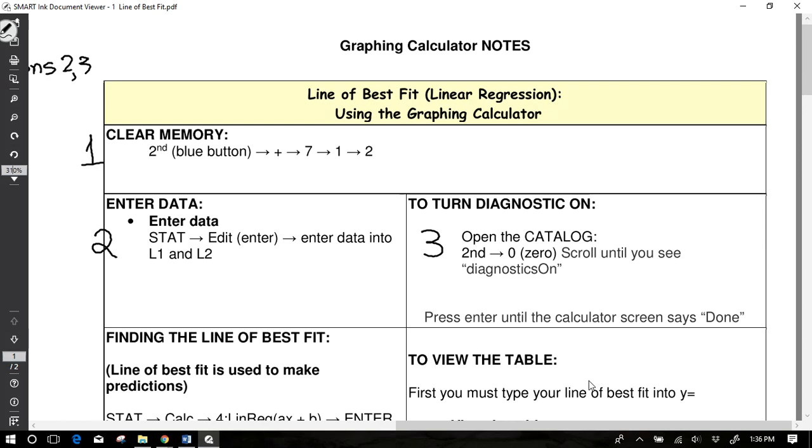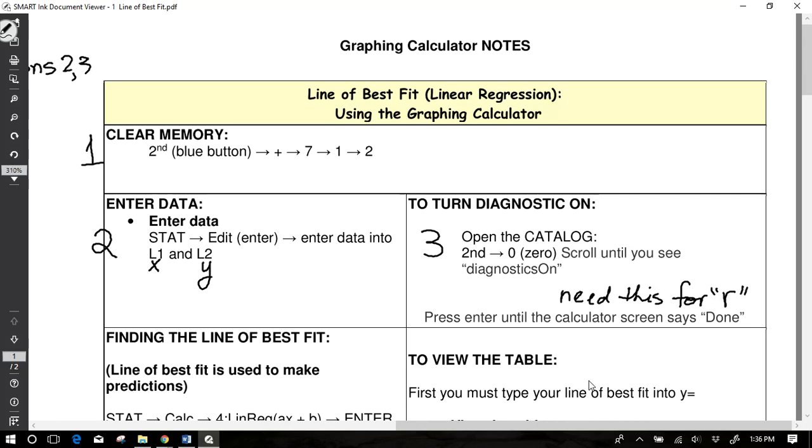So remember, typing in your data is stat edit. You type them in. Okay, X's go under L1, Y's go under L2. After that, we want to turn on the diagnostic. When you do that, that's what's going to allow for you to get your R value, which is your correlation coefficient.